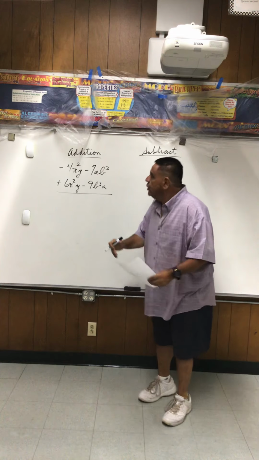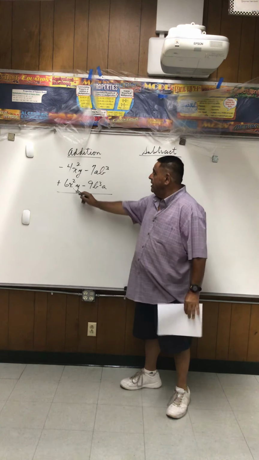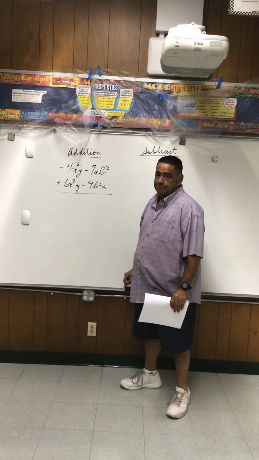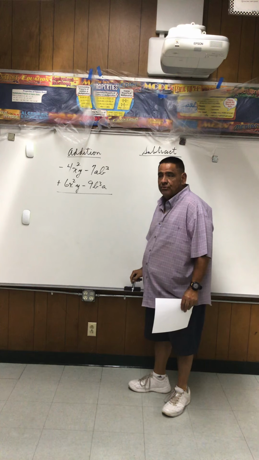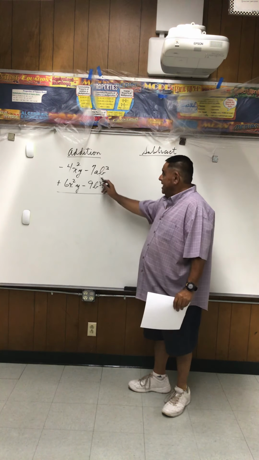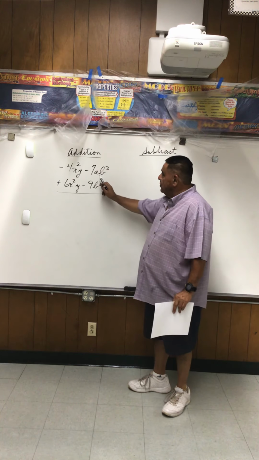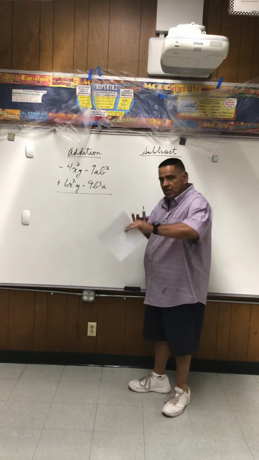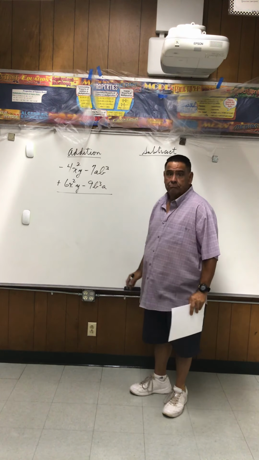In order to add, do I have the same variables raised to the same power? Yes, yes, yes, yes. Here, do I have the same variables raised to the same powers? The question is, they're not written in that same order. Order doesn't matter. A to the first, B to the third, B to the third, they're exactly the same. So the order doesn't matter. So I'm just going to add them.